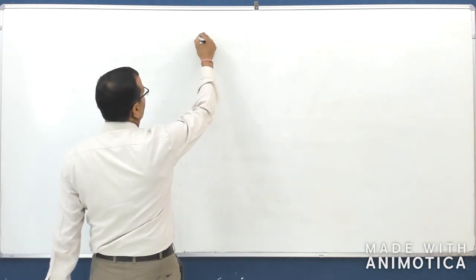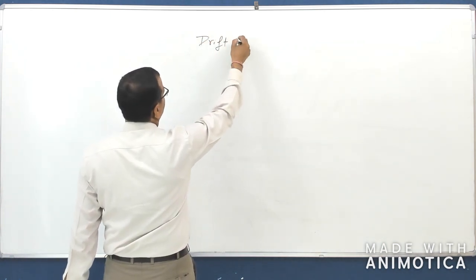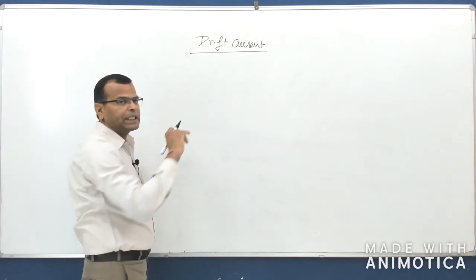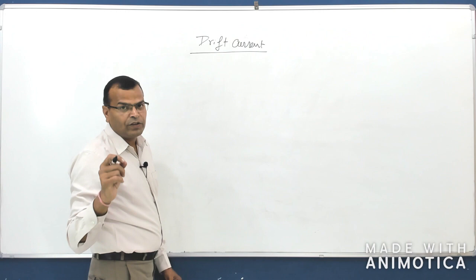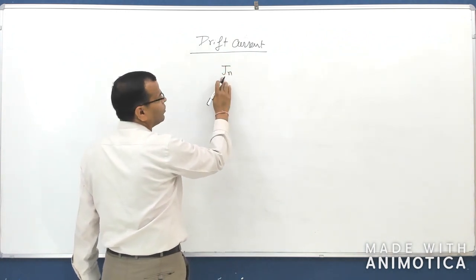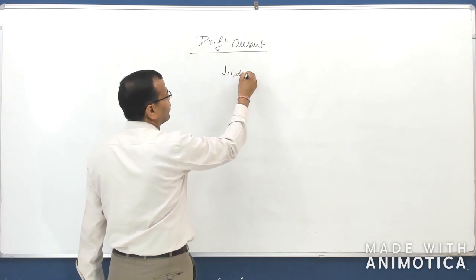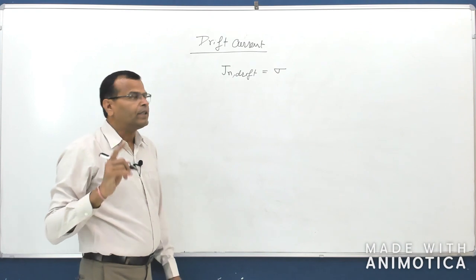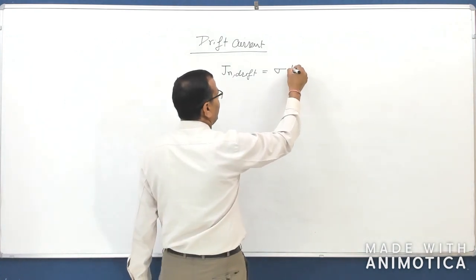So drift current in semiconductors is nothing but the flow of charge carriers under the influence of electric field, and the drift current because of electrons is given by sigma, the conductivity, into electric field.